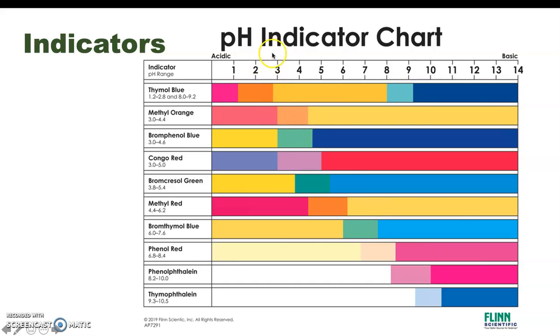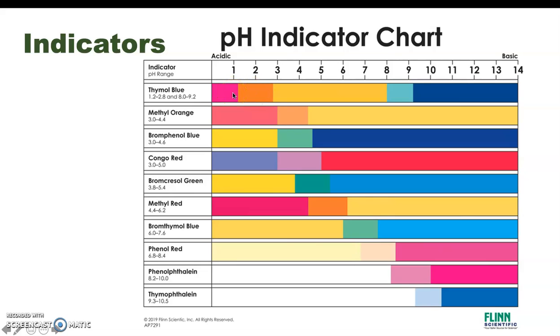Same thing if you're trying to titrate something to where you need it to stop at a pH of 3. The difference between yellow and orange is a very difficult transition, so you're probably not going to want to pick this one. And you'll notice not every indicator switches right at the neutral level. Some of them have transitions between a pH of 1 and 2.